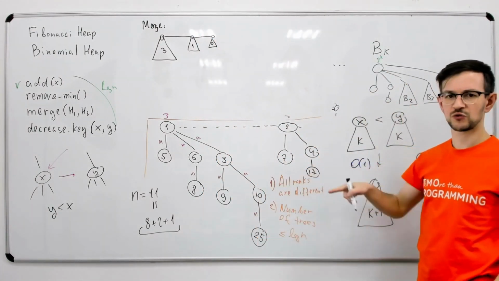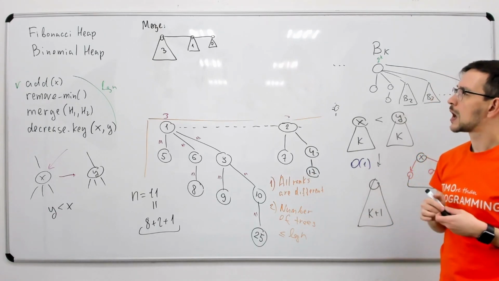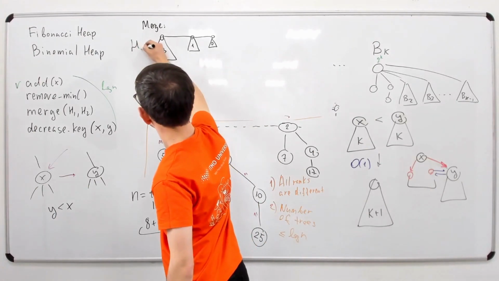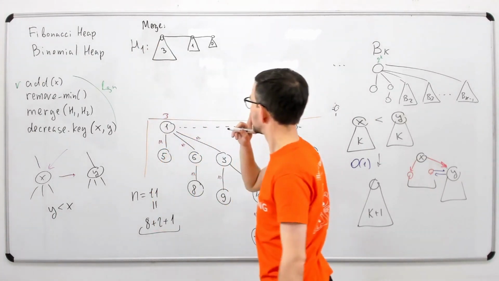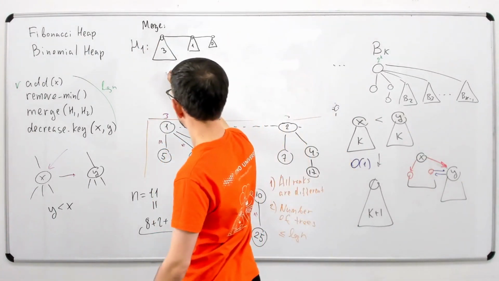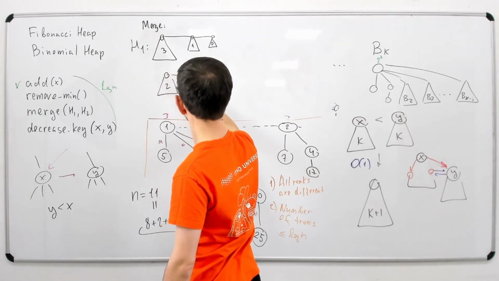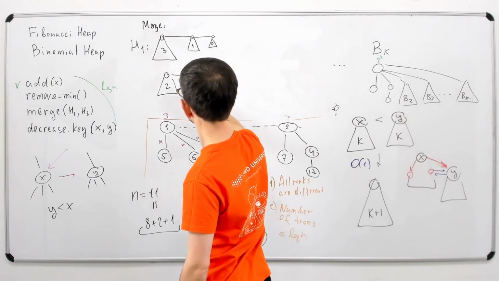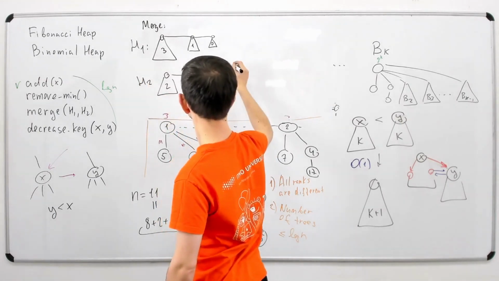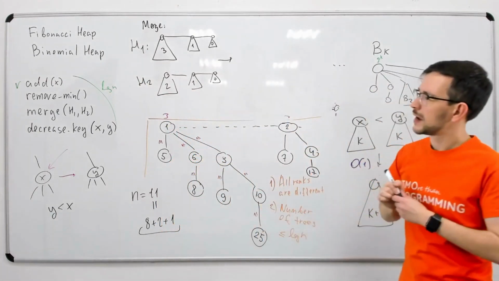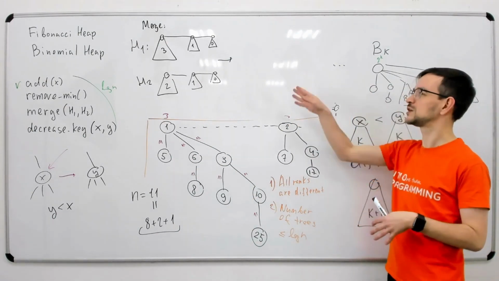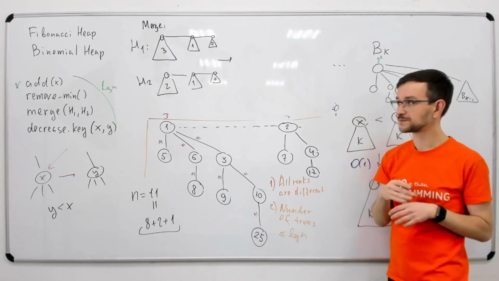This is heap 1. And we have another heap, let's say a tree of rank 2, a tree of rank 1, and another tree of rank 0. This is heap 2. And we want to merge these two heaps into one big heap.